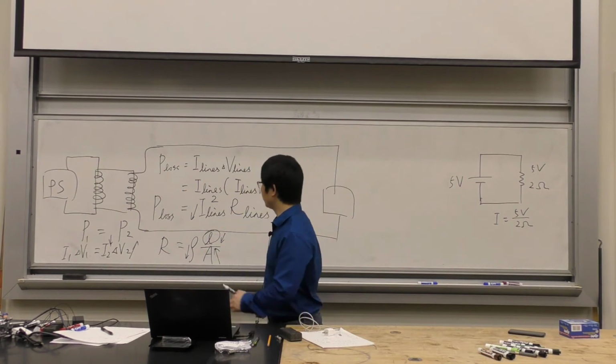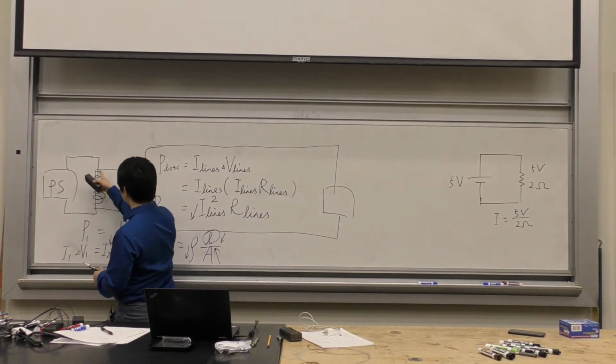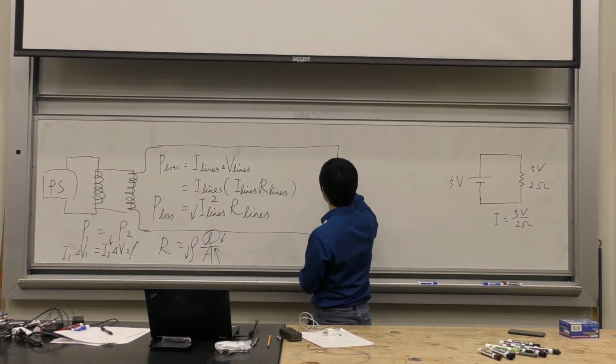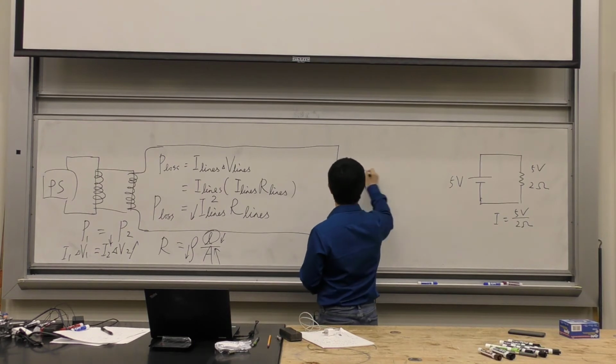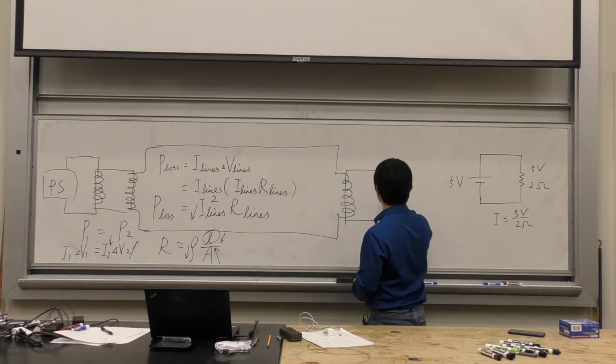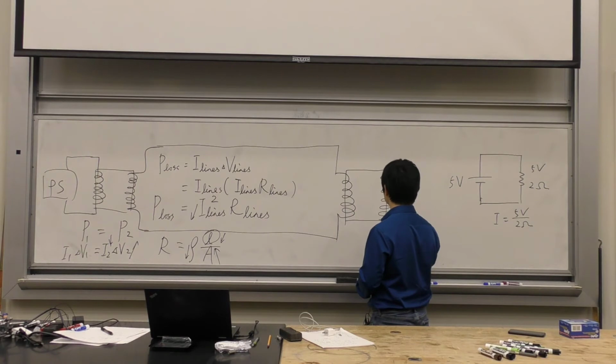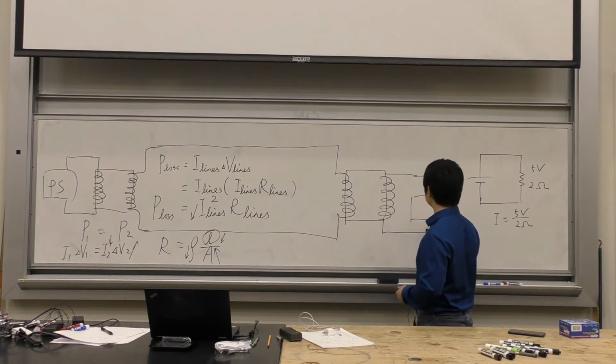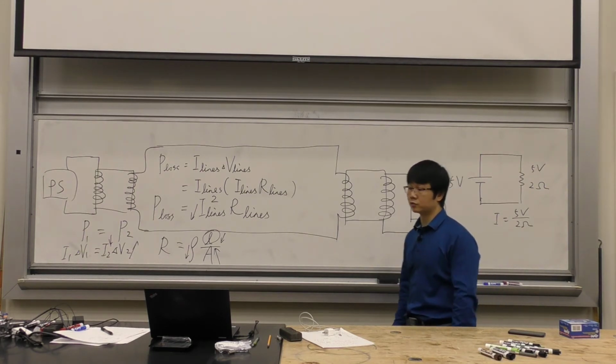So you will have a transformer here, and you're also going to use a transformer here to lower it. On this side, that's going to be a step down transformer to lower the voltage to a safe voltage so people can use it in their homes, right?